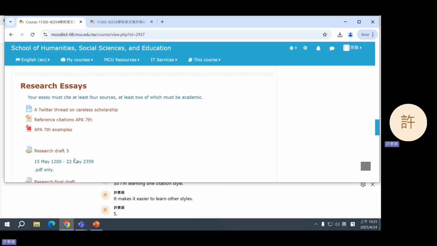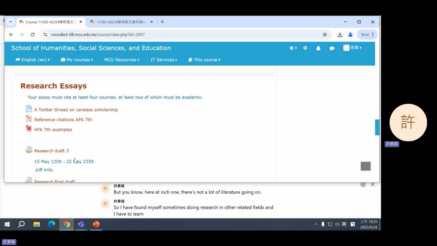So for example, again, I'm a literature scholar, so I learned one style. But here at Midterm, there's not a lot of literature going on. So I have found myself sometimes doing research in other related fields, and I have to learn other citation styles. It becomes much easier because I have already learned one.